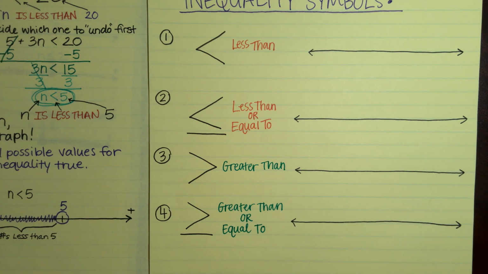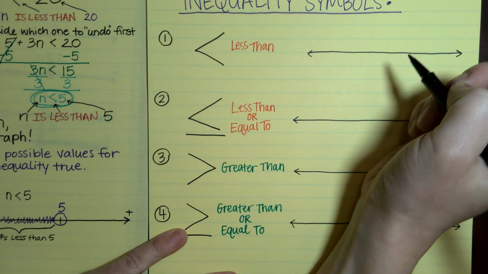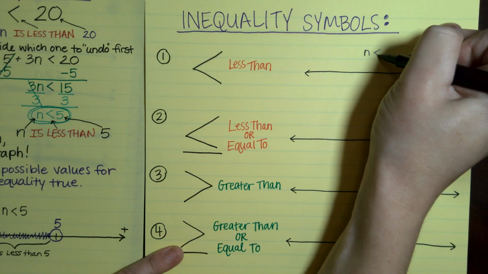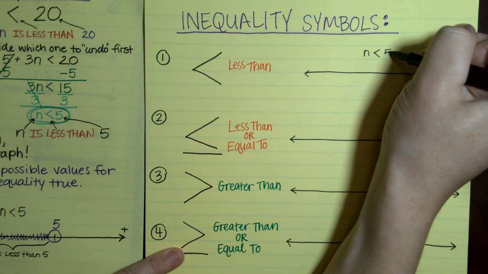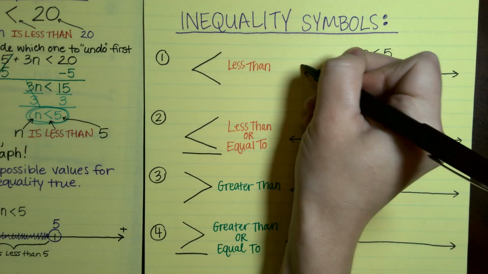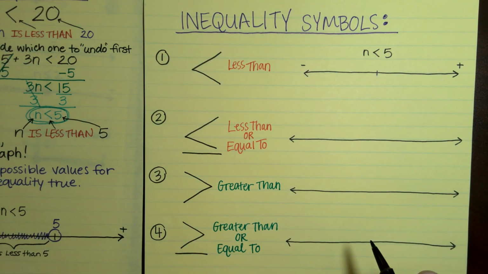So, let's start by labeling this graph. N is less than 5. Okay, so remind me, guys, how would I draw the graph of N is less than 5?